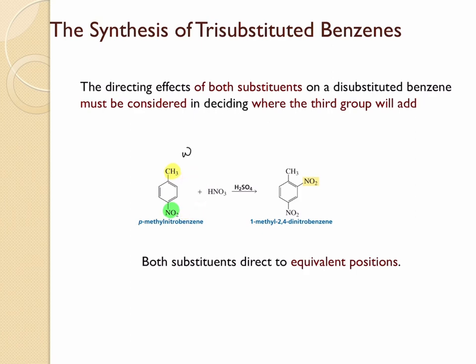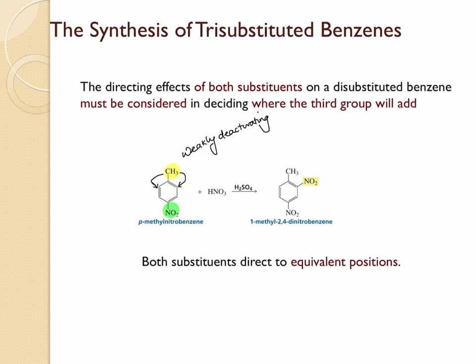Methyl group is weakly activating, which is going to direct the incoming electrophile onto the ortho and the para positions. Right? So here are the ortho and the para positions. But the para position is already occupied, so we'll be having the substituent going only to the ortho positions. But what would be the effect of this nitro group?